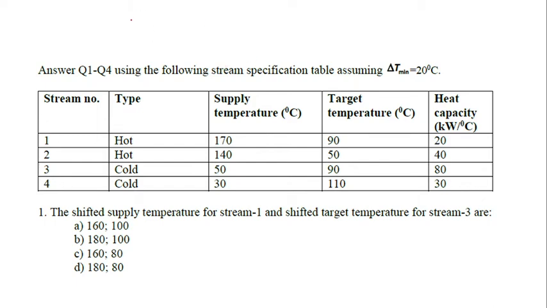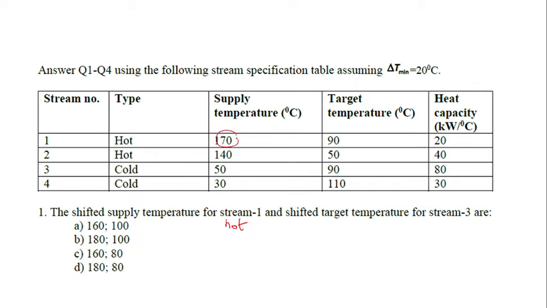Shifted supply temperature and target temperature for cold stream is obtained by addition of half of the minimum temperature difference. So here stream 1 is a hot stream, so we need to subtract half of the minimum temperature difference. First they asked shifted supply temperature for stream 1.